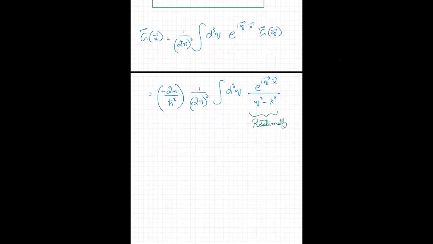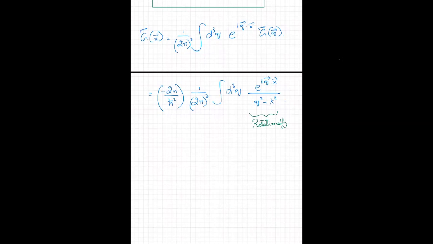It means that if I rotate this guy, everything here is a scalar. Q dot x, dot product of two vectors, is a scalar. Q square is a scalar because it's q dot q. So everything here is a scalar. It doesn't depend on the angles at all. So it is actually invariant under rotations because scalars don't change.